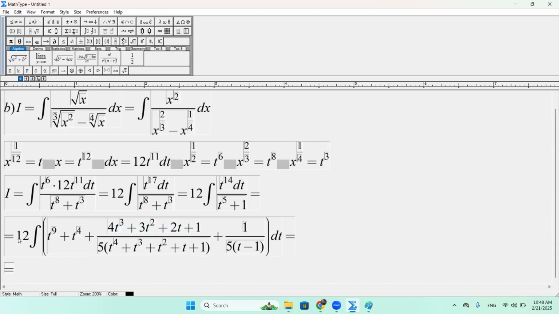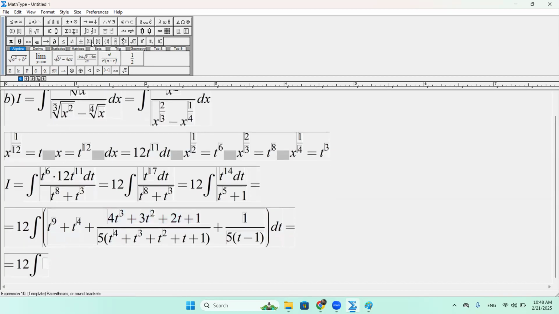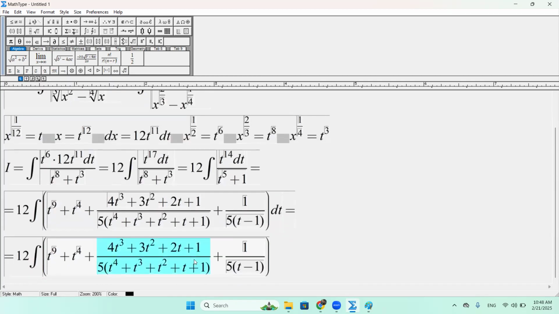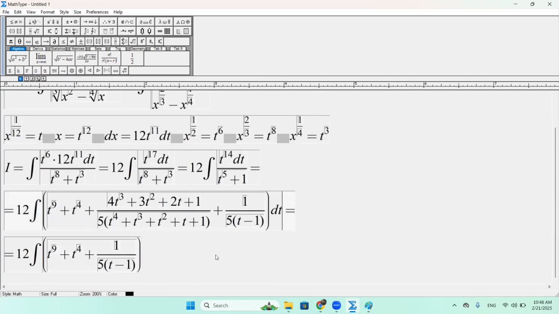So let's expand it a little bit. I will write it like a sum of two integrals. But this fraction will go away. We will use it in the other integral.